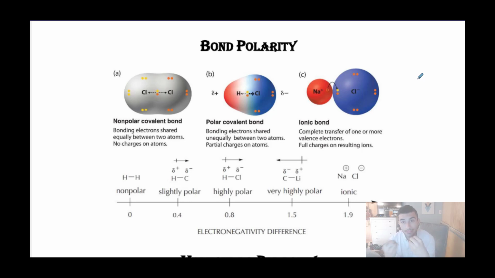Although we describe bonds as being either ionic or covalent, the truth is bonds are either more ionic or more covalent. Because at the end of the day, a chemical bond is just an electrostatic attraction of 2 atoms, and it's all about the degree to which the electrons are being shared. They're either being shared equally, which is the nonpolar covalent bond all the way at this end of the scale, or the continuum. And as the difference in electronegativity between the 2 elements increases, the pair of electrons shared between them continues to move towards 1 atom.